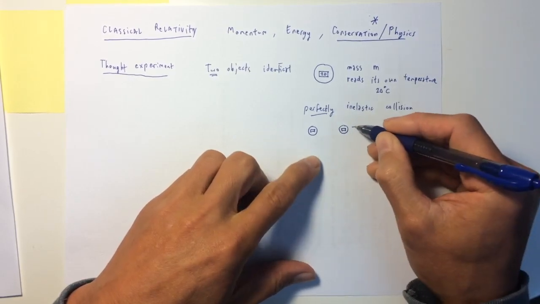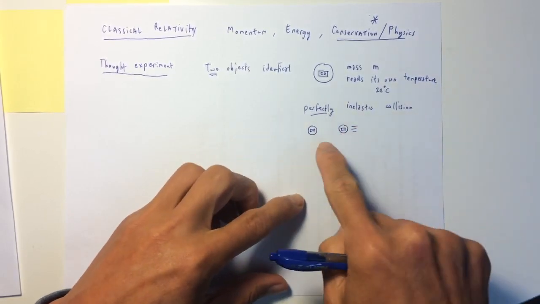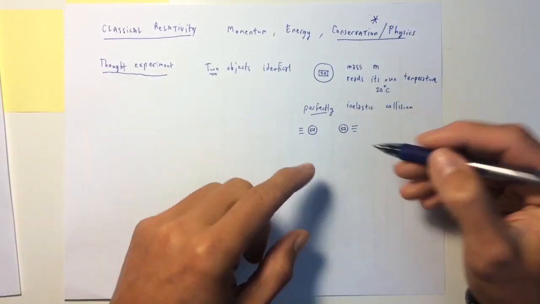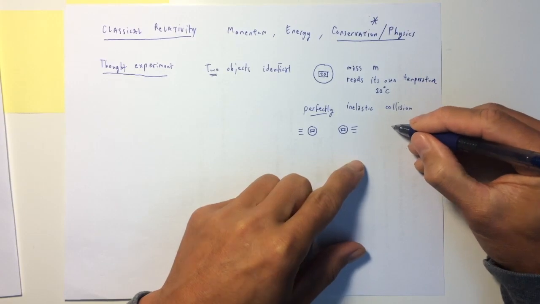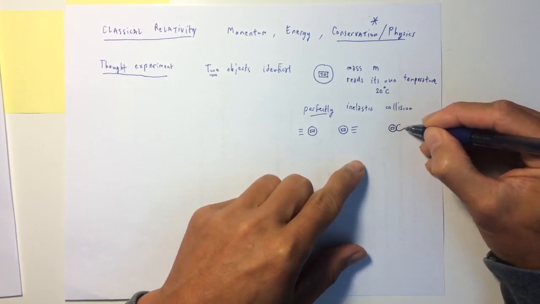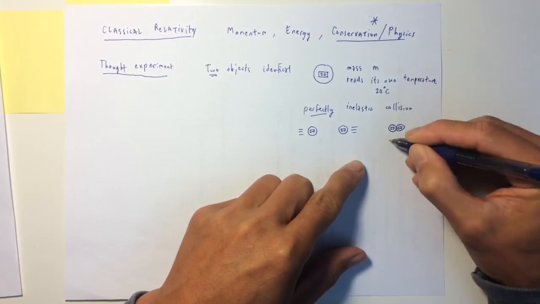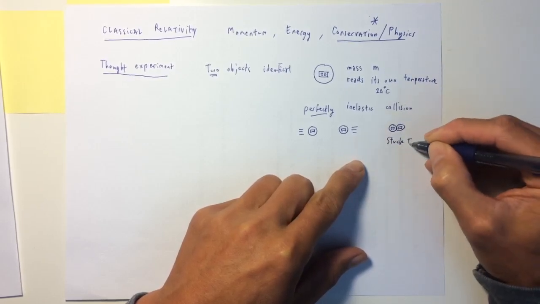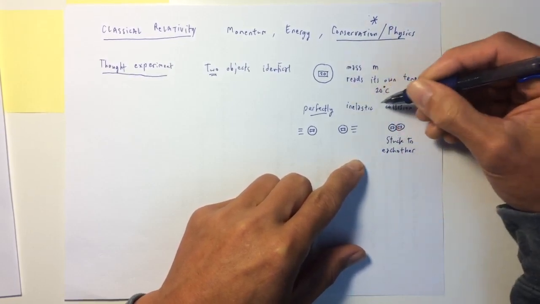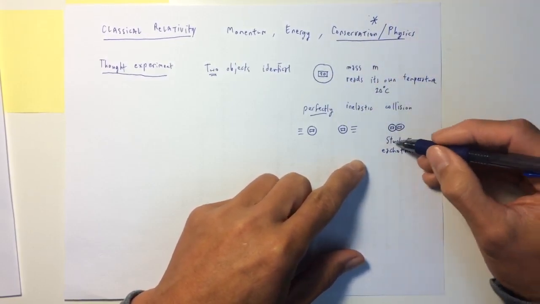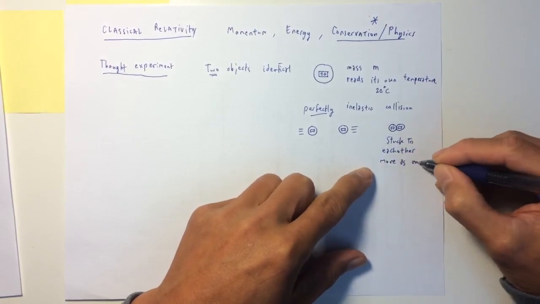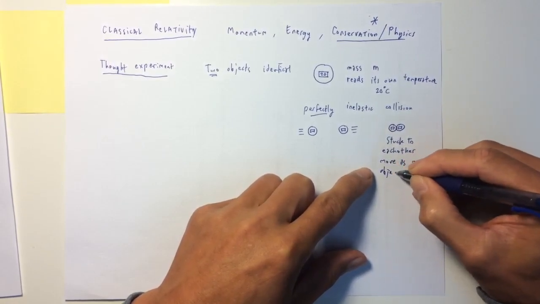Let's say this one is heading this way and this one is heading towards it. So they're going to crash, and afterwards they are stuck to each other. A perfectly inelastic collision is where they are stuck to each other and move as one object.